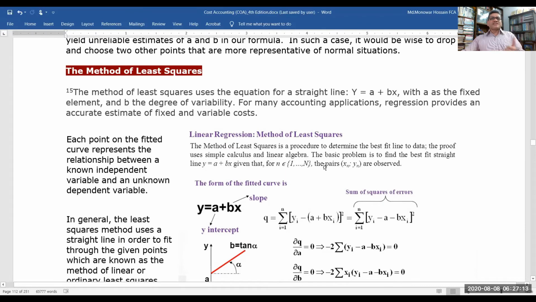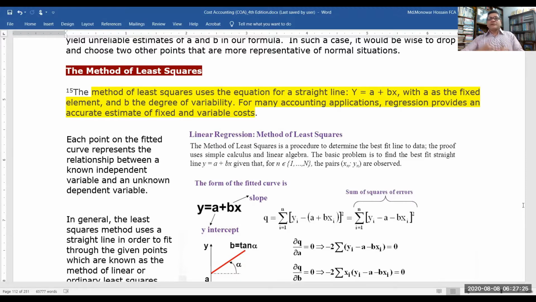Now the method of least squares uses the equation for a straight line, y equals a plus bx, where a is the fixed element and b is the degree of variability. In many accounting applications, regression provides an accurate estimate of fixed and variable cost.